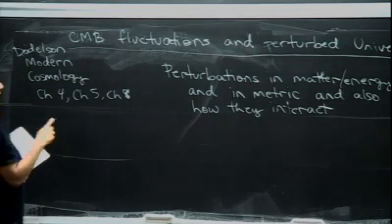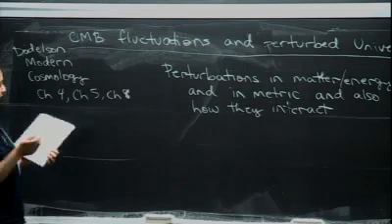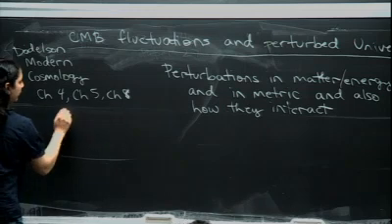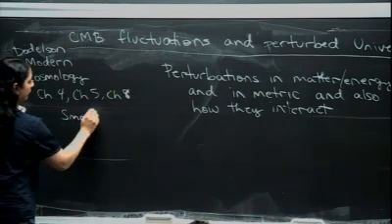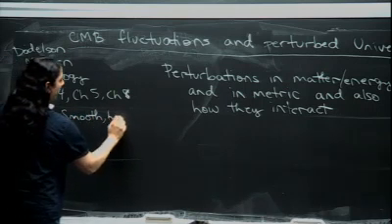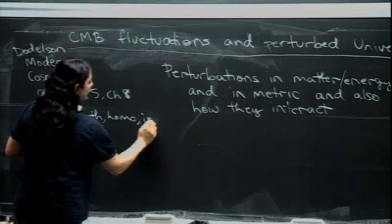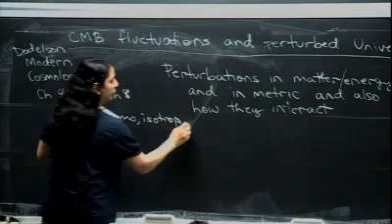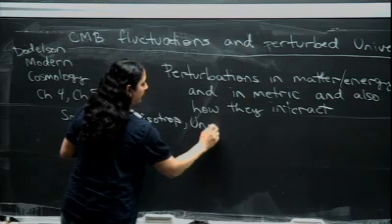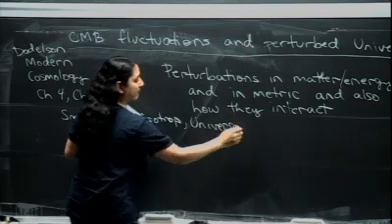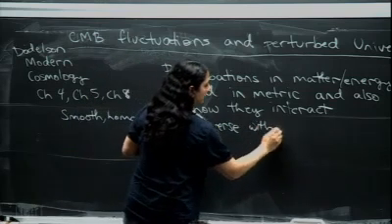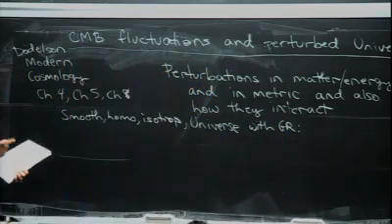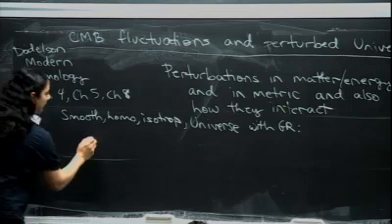To remind you, and I didn't really discuss it in lecture 1, when we have the smooth homogeneous isotropic universe with GR, then if I was going to write the metric in flat space, it would look like this.